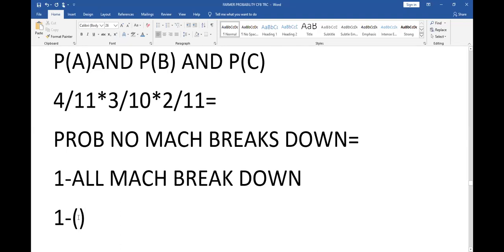Remember, all the machines breaking down is 4 over 11, then you multiply by 3 over 10, and then you multiply by 2 over 11.